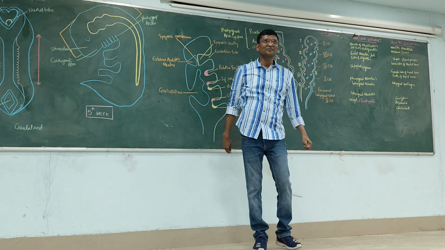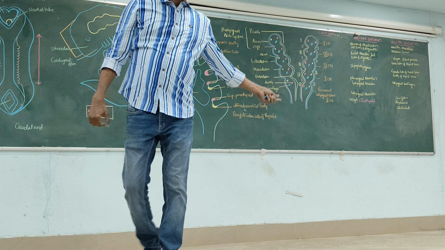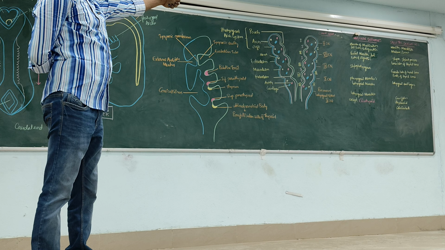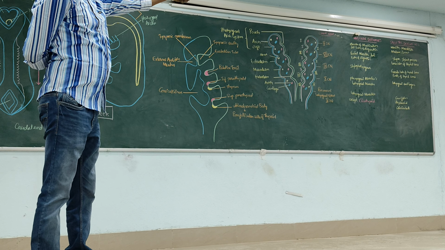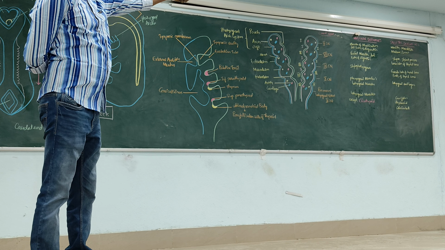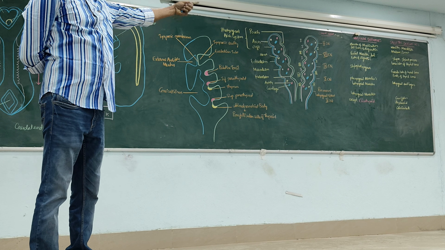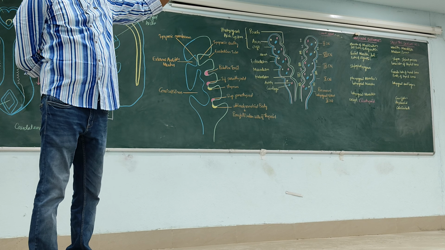Got it, right? So now you can see the cranial nerve of the first pharyngeal arch is the trigeminal nerve, which is having the muscular derivatives and the skeletal derivatives. In the same way, you can see all these arches along with their nerves and also the derivatives.